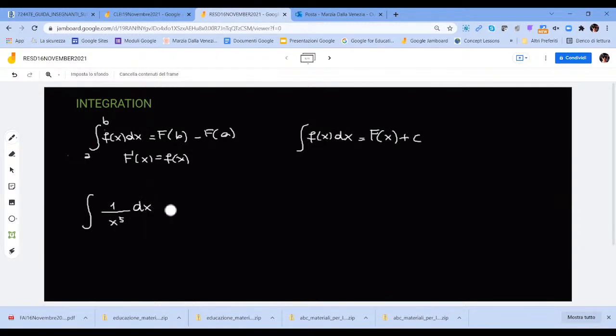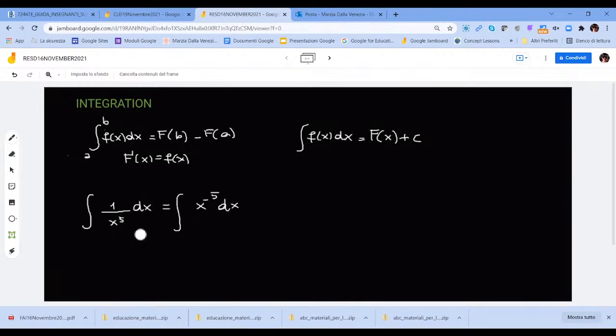Okay, so we know that we can rewrite this integral as x to the minus 5, dx. I could have written instead of x, t or y or some other variable. It is the same. This is a dummy variable.